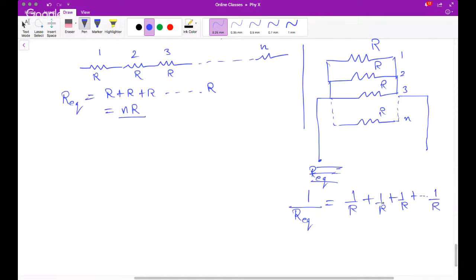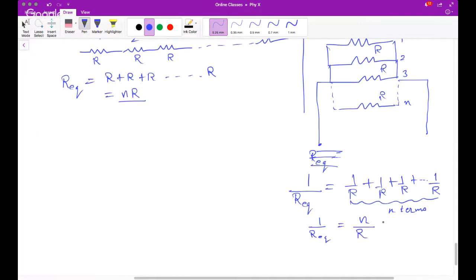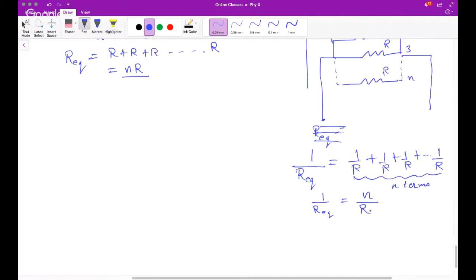These are n terms. So total 1 by R equivalent is equal to n upon R. So R equivalent will be R upon n.